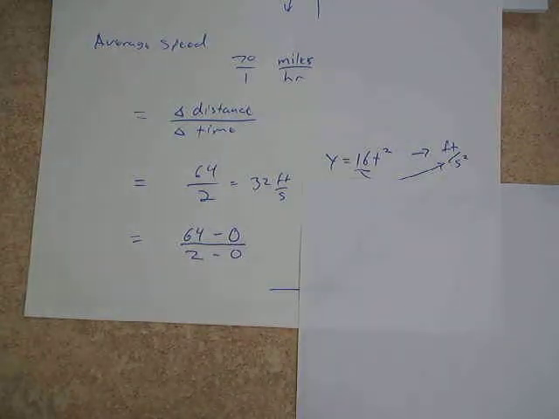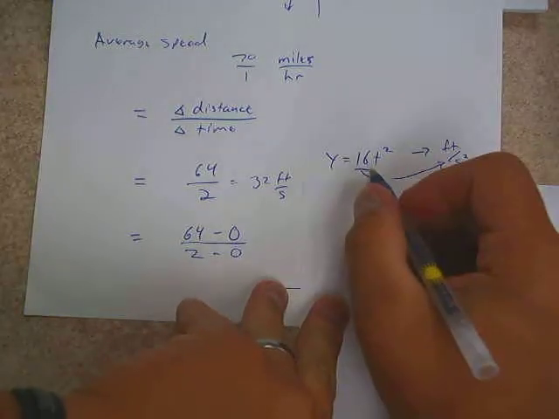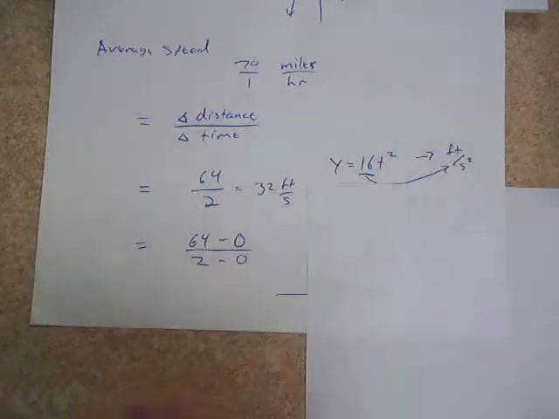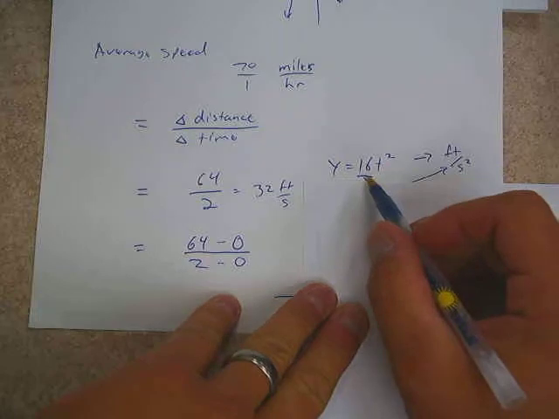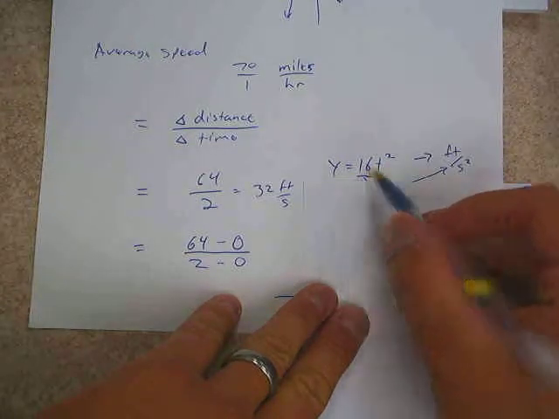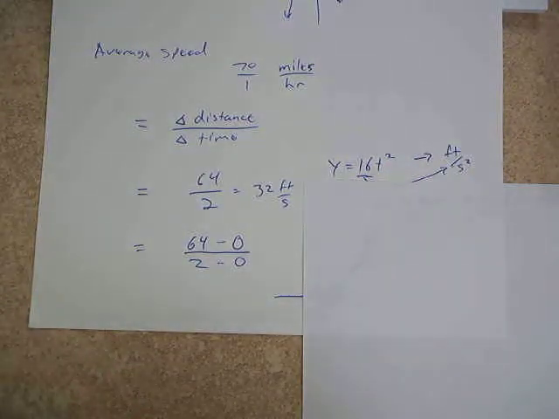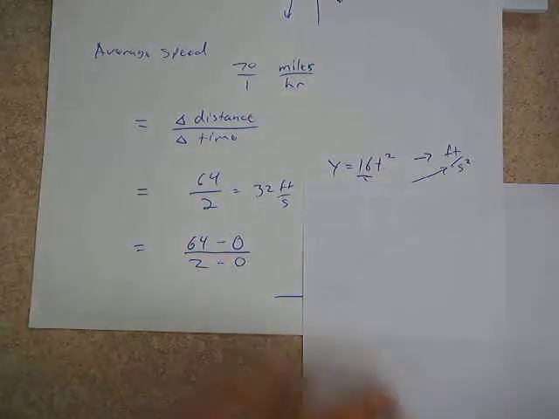Well, ultimately, I'm going to use this equation. We'll kind of get to the gist of why this is the equation later, but this is going to be my equation for distance versus time in this situation. And anytime that we're dealing with feet per second and we're on the Earth, the distance equation is going to be this, y equals 16t squared.